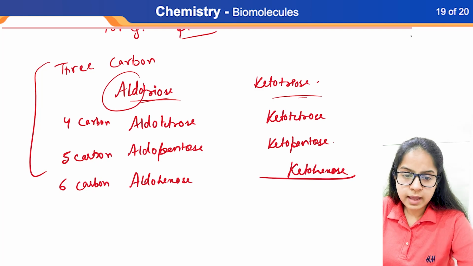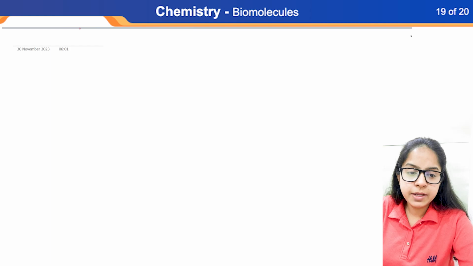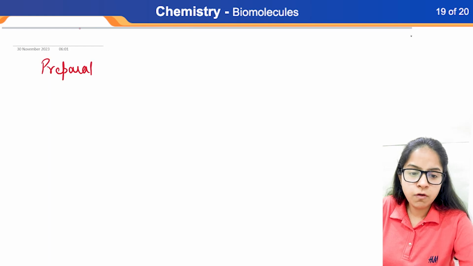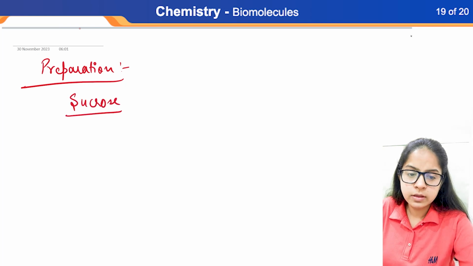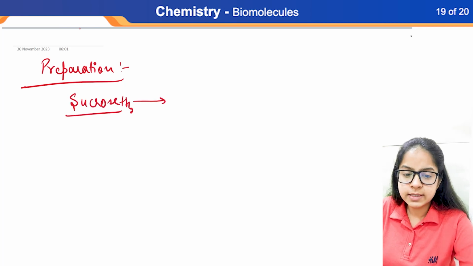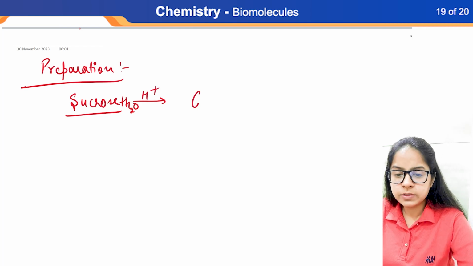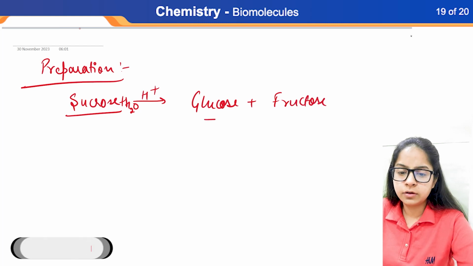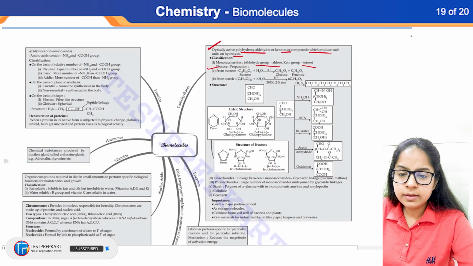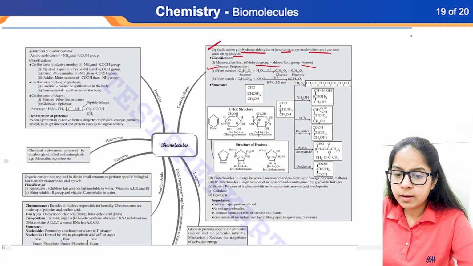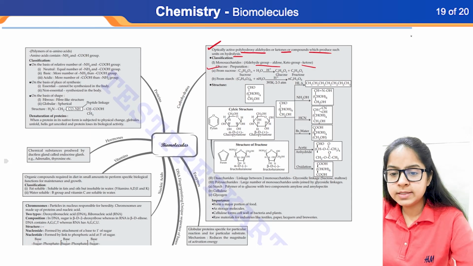Now the next one is preparation of glucose. You can prepare glucose from sucrose. Sucrose upon hydrolysis, in the presence of H plus, you will get glucose plus fructose. Here the sucrose C12H22O11 upon hydrolysis in the presence of acidic solution gives glucose C6H12O6 and fructose C6H12O6.